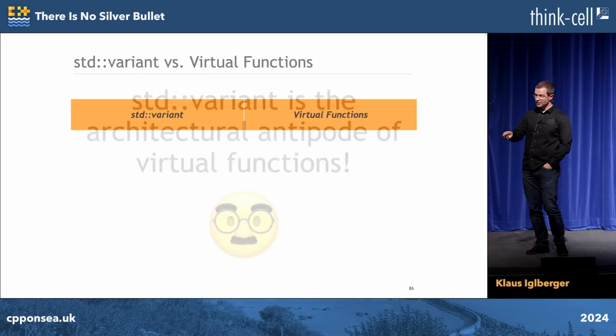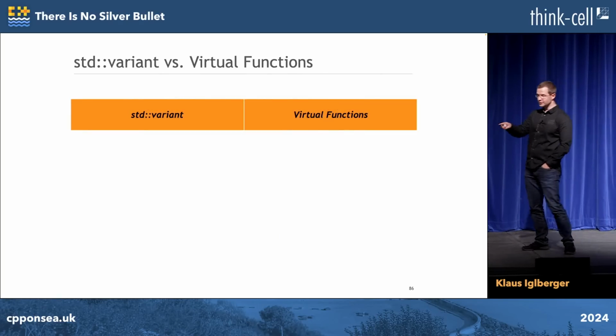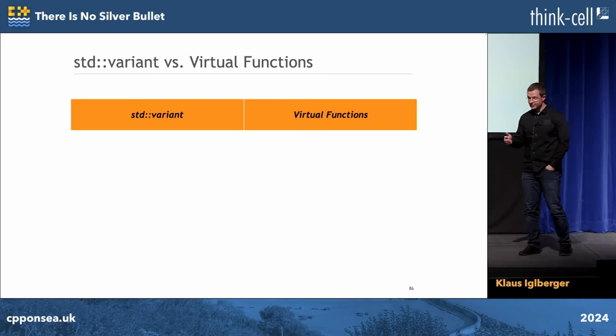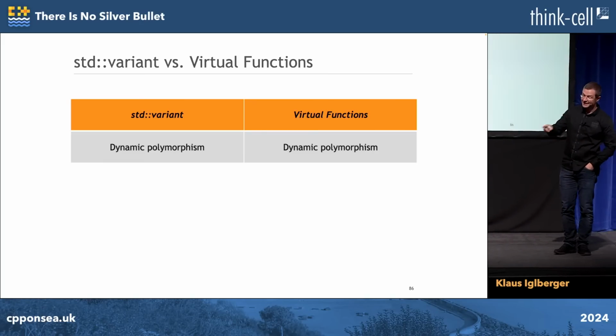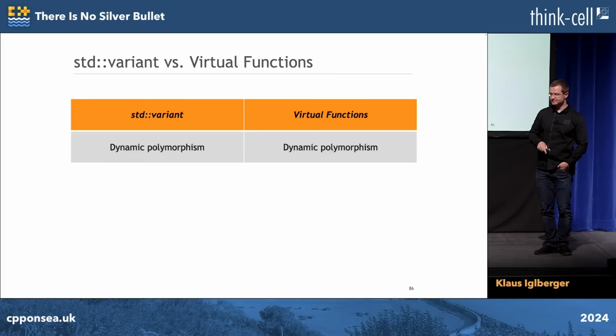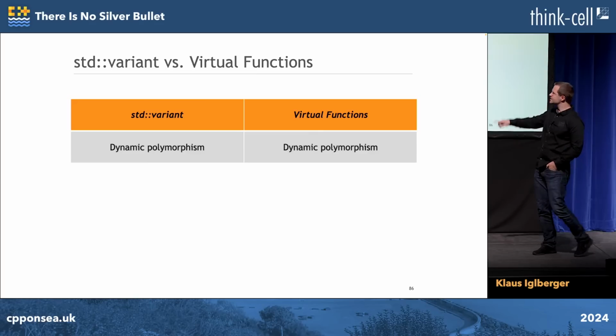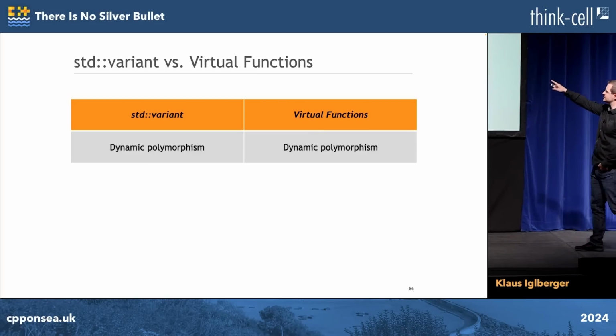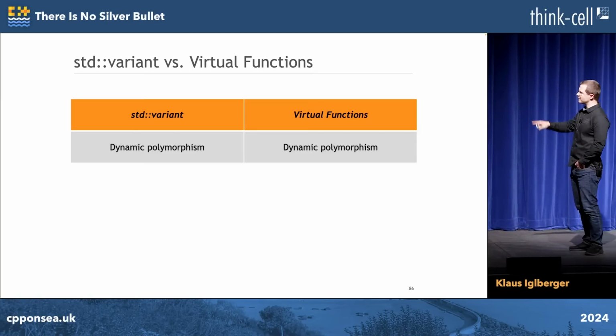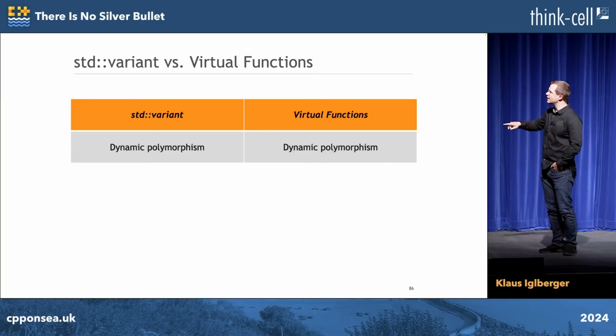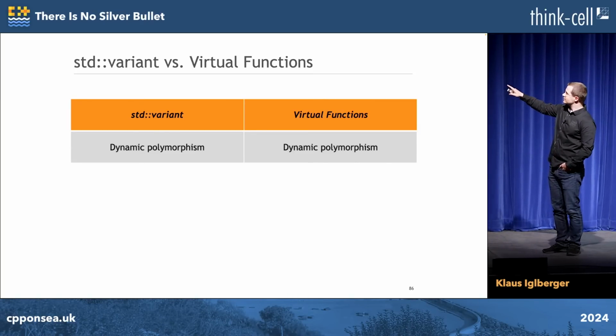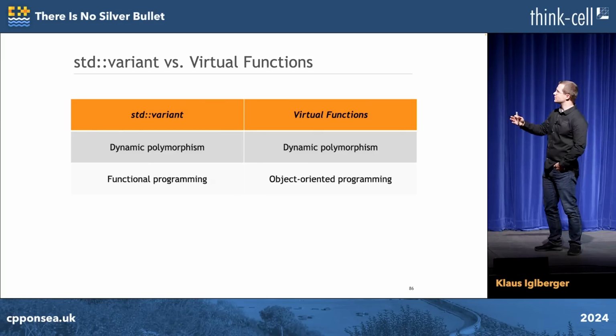And so if you just take a look at the properties, variant versus virtual functions, the first similarity is both are dynamic polymorphism. Okay, I've just seen this in so many abstracts as static polymorphism that I thought I have to put this in here too. But then the differences start. Variant is more a functional approach.